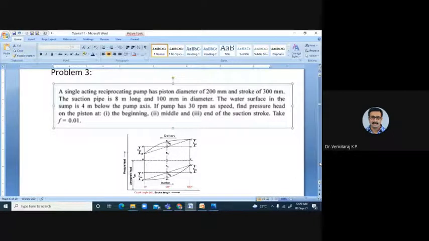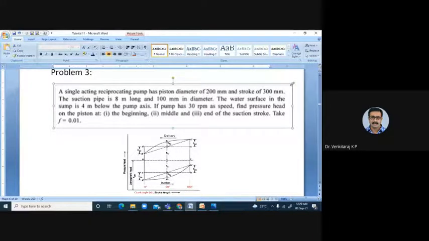The water surface in the sump is 4 meter below the pump axis. If the pump has 30 rpm as speed, find pressure head on the piston at the beginning, middle, and end of the suction stroke. Take friction coefficient value as 0.01.